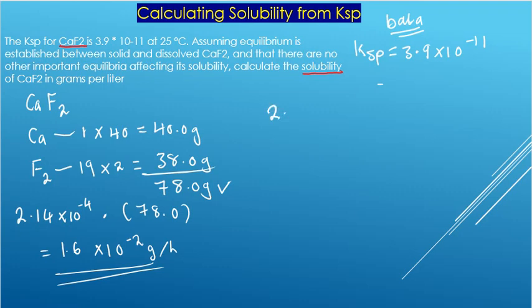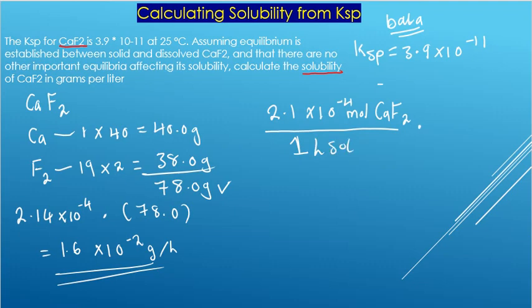You have your 2.1 multiplied by 10 to the power negative 4. Okay, so this is supposed to be in molar of calcium fluoride. So you know that of course this is under 1 liter of the solution.